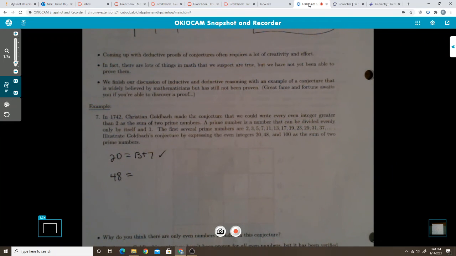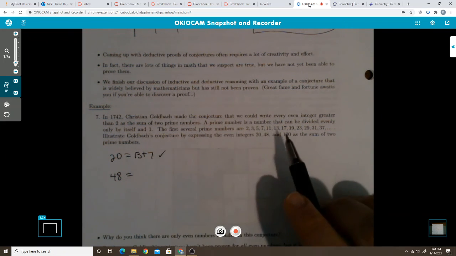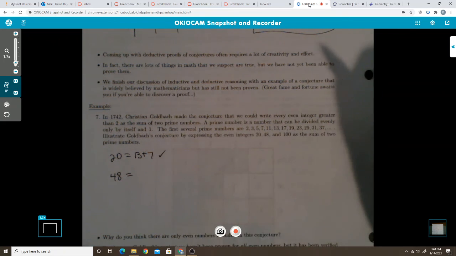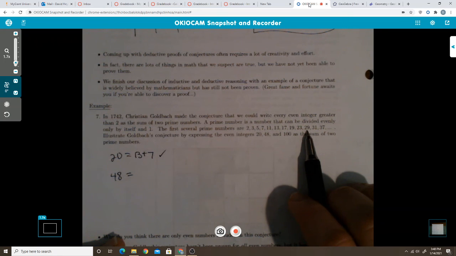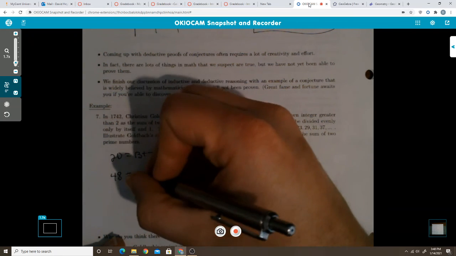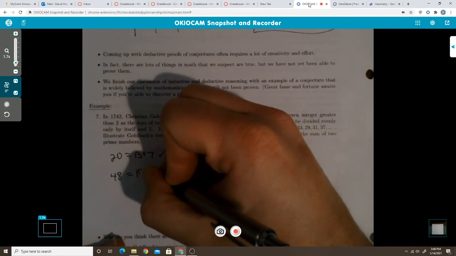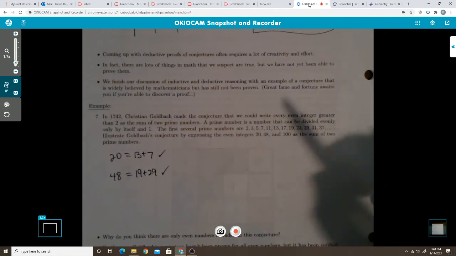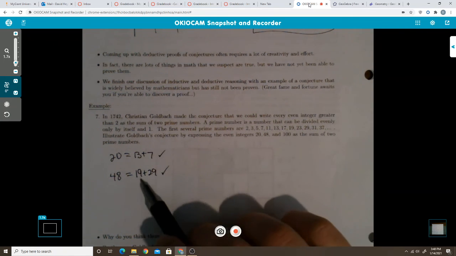We could try, 22 won't work. 21 won't work. 19, we could try 19. So let's see. 48 minus 19 is 29. Yeah, so 19 plus 29, that adds up to be 48. So sure enough, 48 can be rewritten as the sum of two prime numbers.